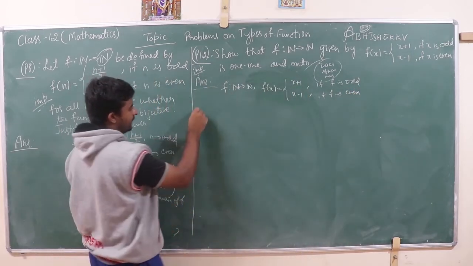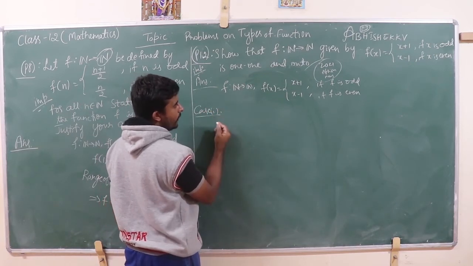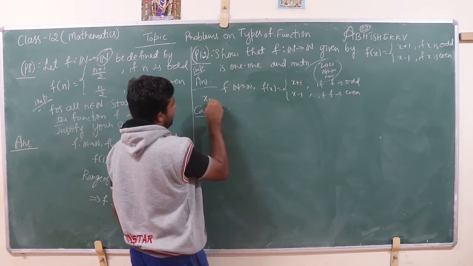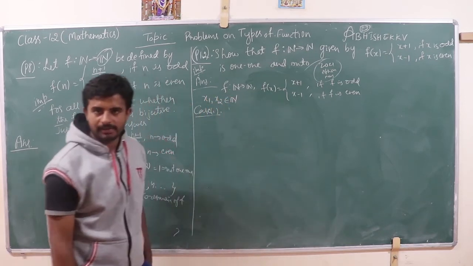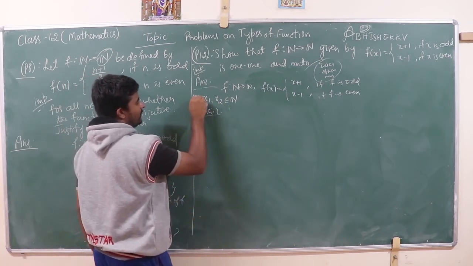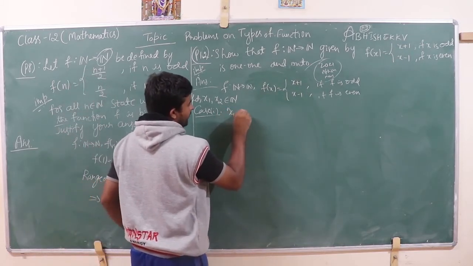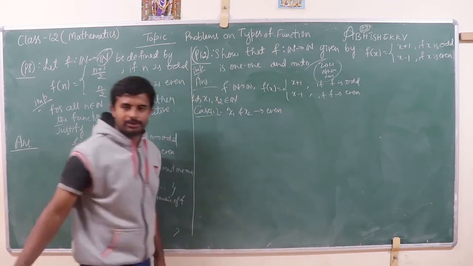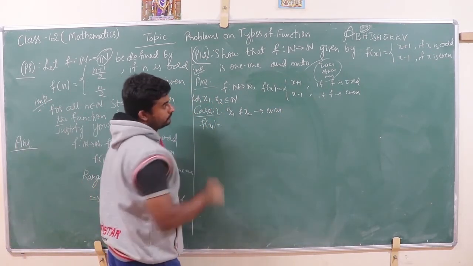Okay? Let us consider three cases. Case 1. Let us consider x1, x2 belonging to the set of natural numbers. Case 1 is when both x1 and x2 are even. Then what is f of x1?